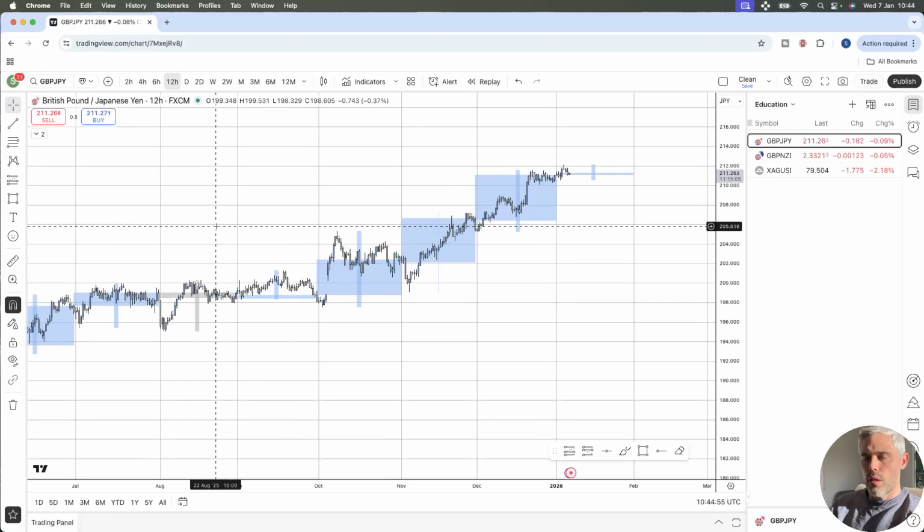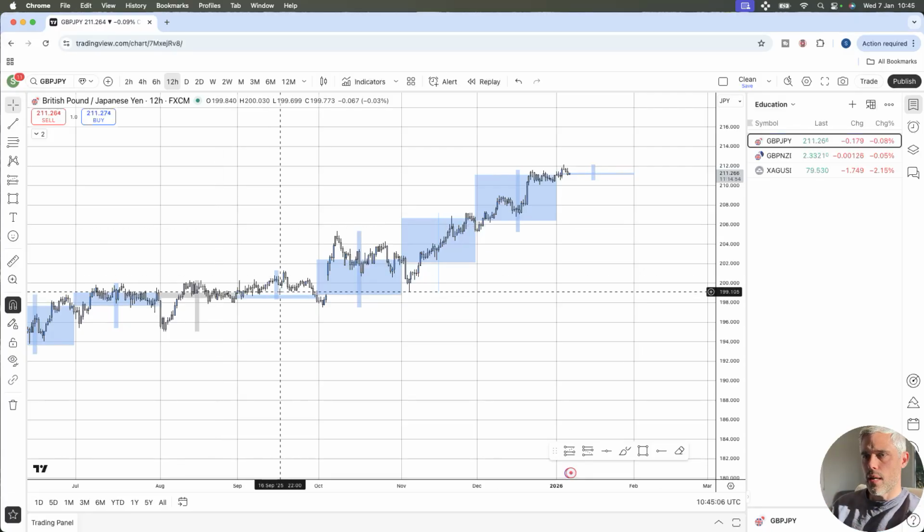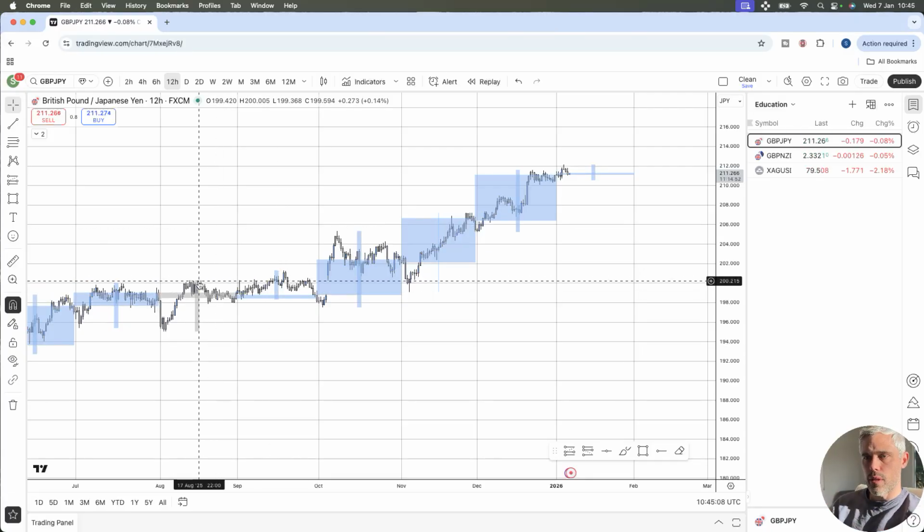The premise of trading really is to understand candles and their relationship to one another. So if you see that a candle sweeps a previous candle, it trades above a previous candle's high and closes, then what we would expect to see is that candle target the opposing end of the subsequent candle's range.